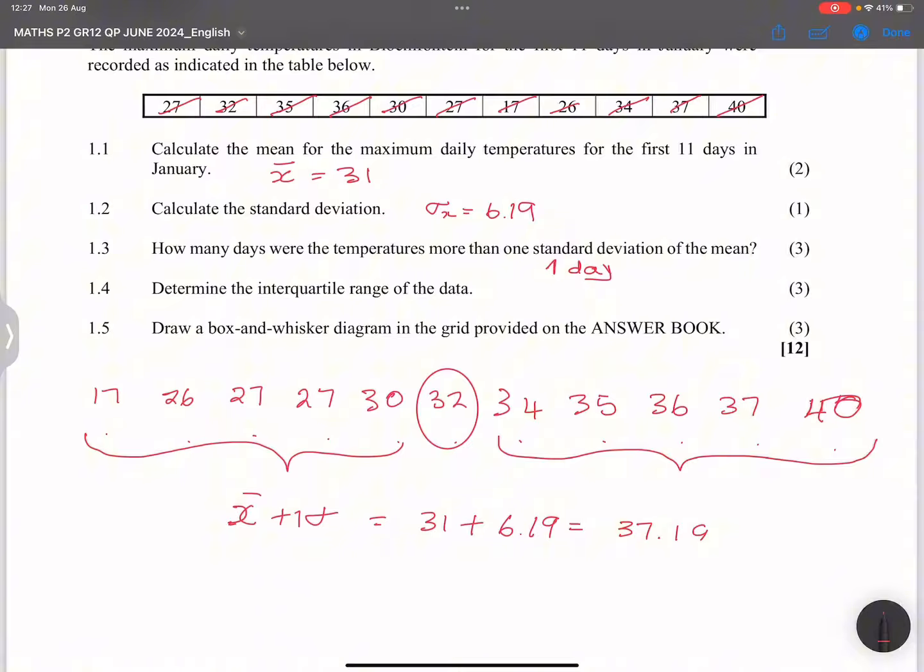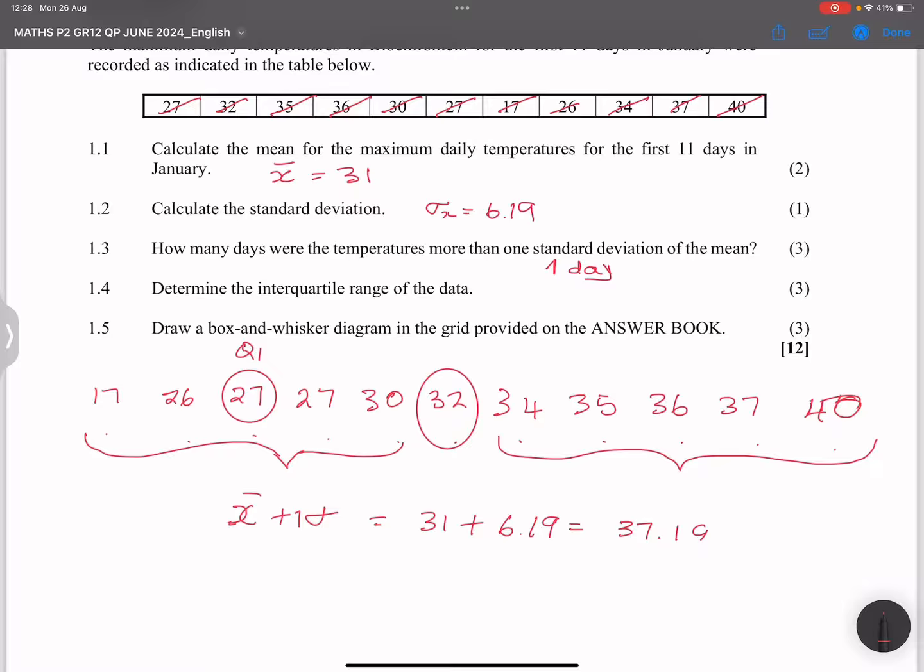Now I'm going to look for my interquartile range, which means I'm going to look for Q1. So which one is Q1? It's the values before the median. Which one is the middlemost there? That would be 27, so this would be Q1.